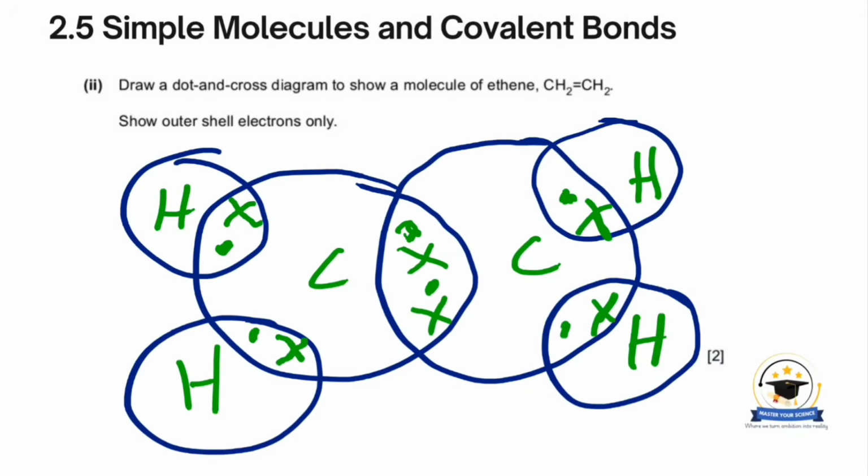As you can see from what we've been given in the question, those 2 dashes represent 2 covalent bonds, and from this drawing here, each pair of electrons is a covalent bond. So this would be the first covalent bond and this would be the second one. So there are 2 covalent bonds between the 2 carbon atoms, and then there is 1 covalent bond to each hydrogen atom.